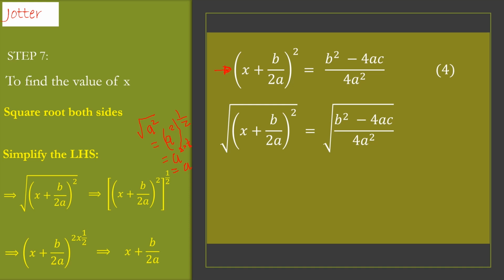So now we are free to be able to find x. Because we have a square on the left hand side, we must get 2 roots of this equation. And this is why we have to put in place the plus and minus sign, so that we'll be able to get 2 roots of the equation.